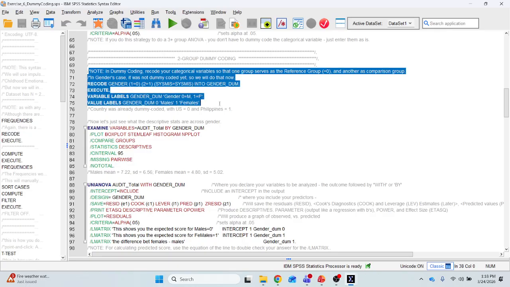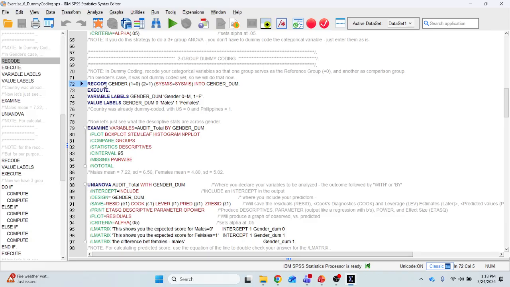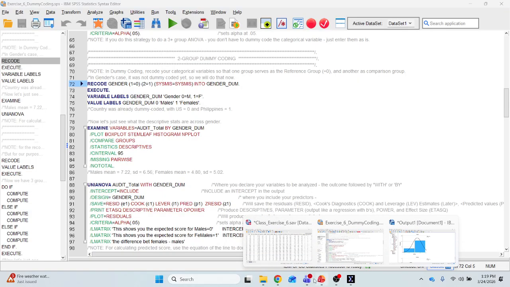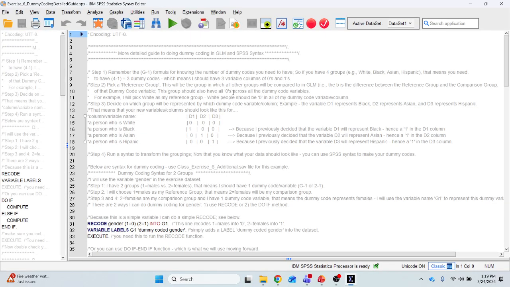This is the coding syntax, the dummy coding syntax. If you look at this one, I'm just using recode, because there are only 2 groups. By the way, folks, I have there the exercise 6 dummy coding detailed guide.